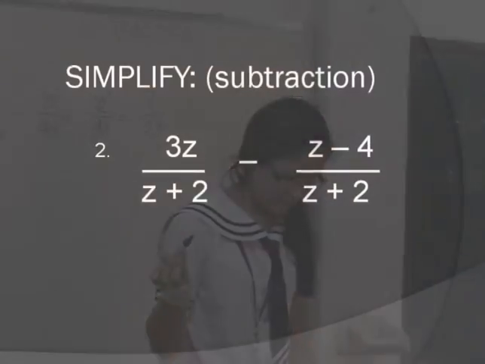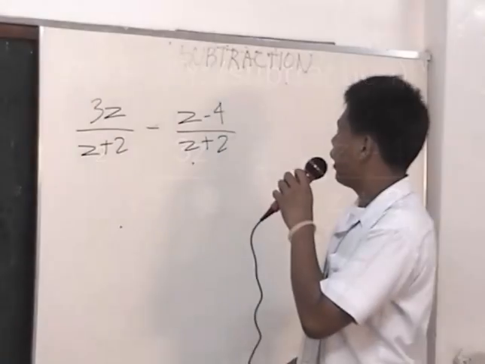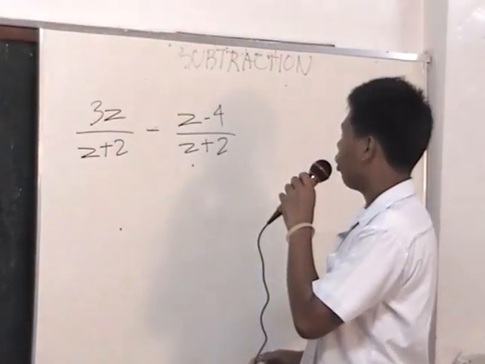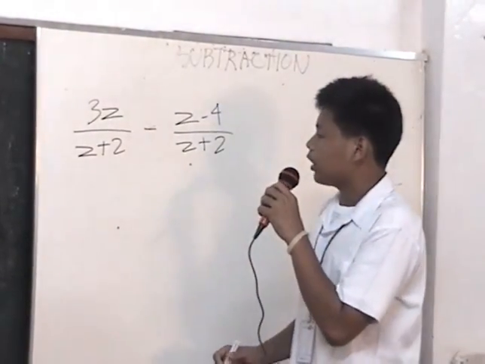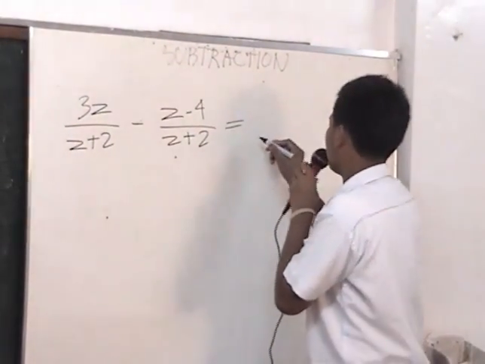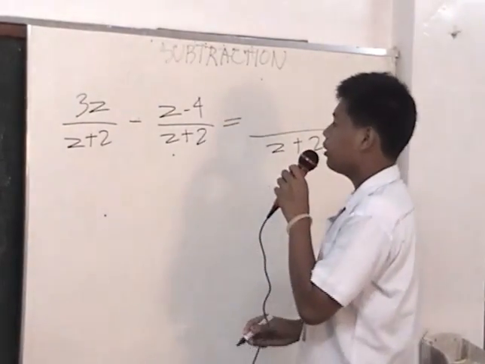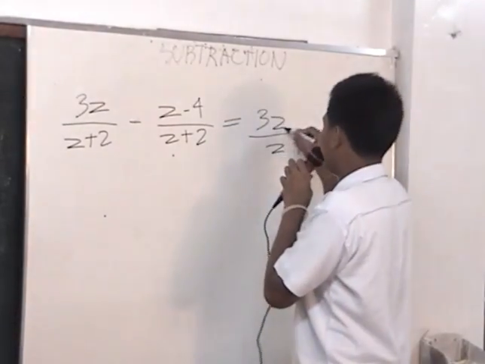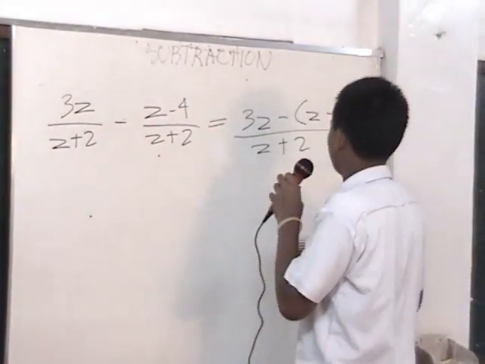Okay, thanks a lot. 3x over x plus 2 minus x minus 4 over x plus 2. Since the expressions have the same denominator, we just need to copy the denominator, x plus 2. Then minus 3x minus the quantity x minus 4.